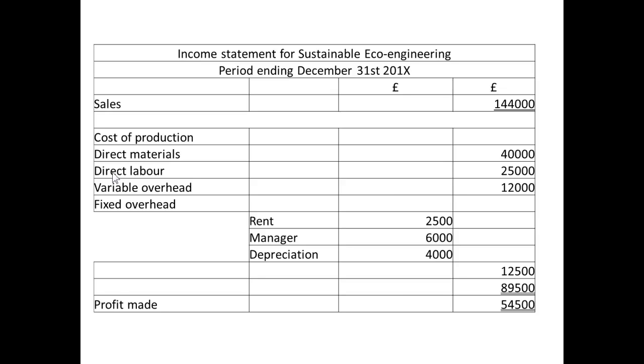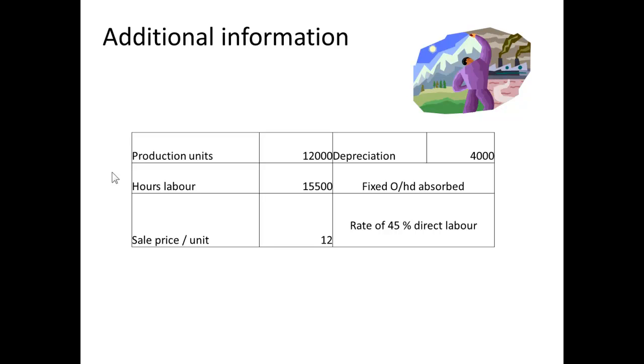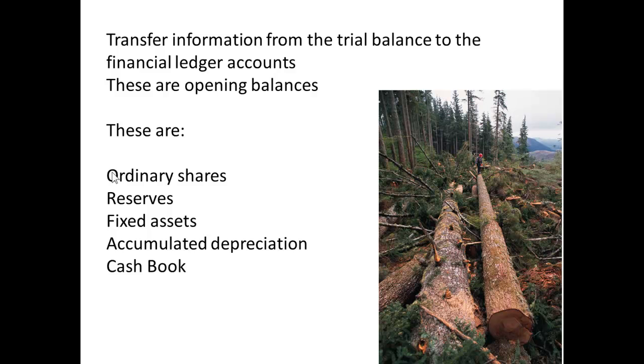And we have the income statement, and that's at the end of the year. So really what we're going to do is try and reconstruct what went on in the cost ledger and the financial accounting ledger. The additional information we need, in particular the amount of depreciation and the fixed overhead, the absorption rate, which is 45% of direct labour hours.